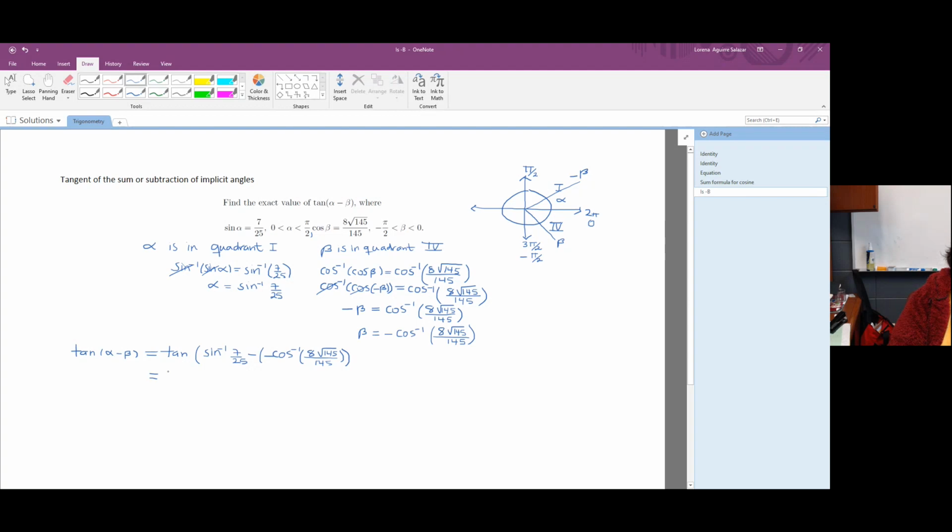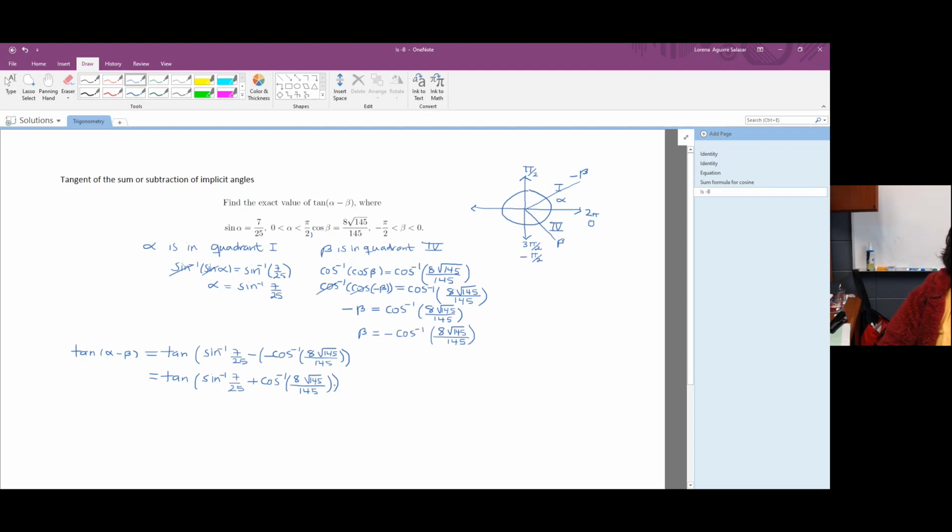And this is the same as tangent of inverse sine of 7 over 25, and then negative times negative gives us a positive, inverse cosine of 8 root 145 over 145.